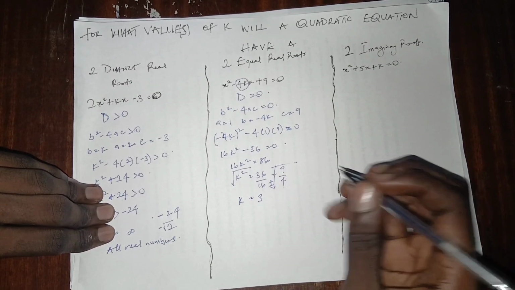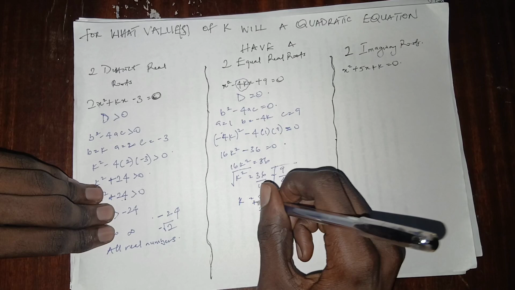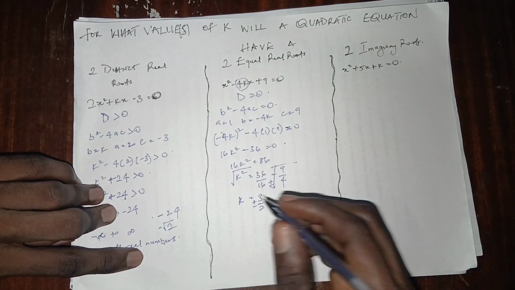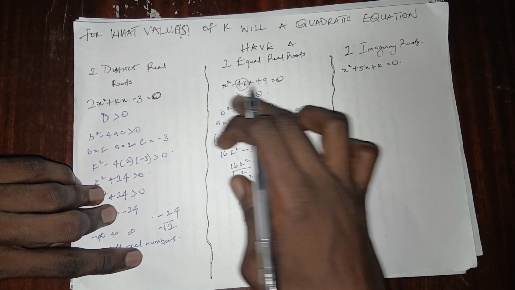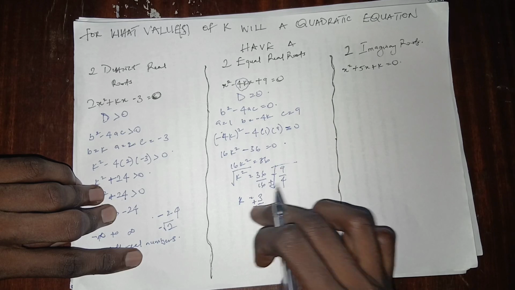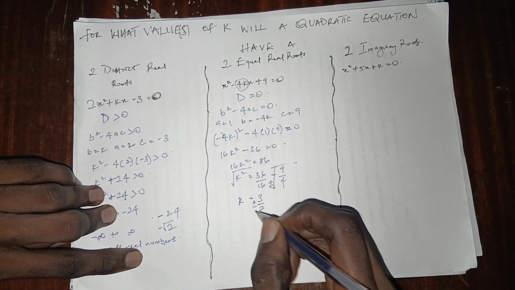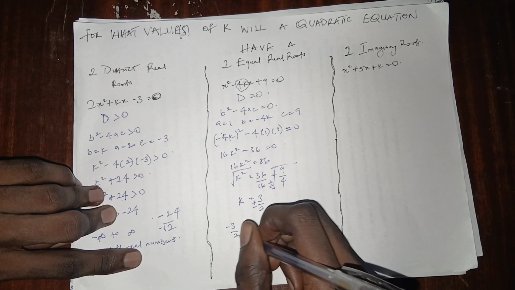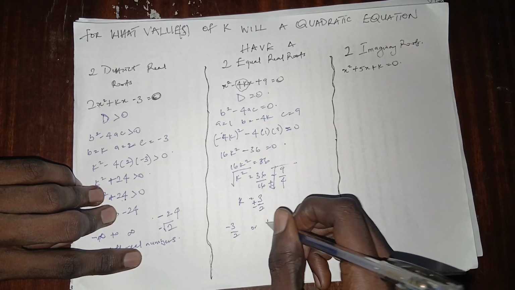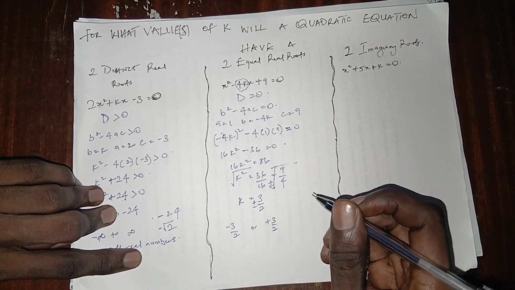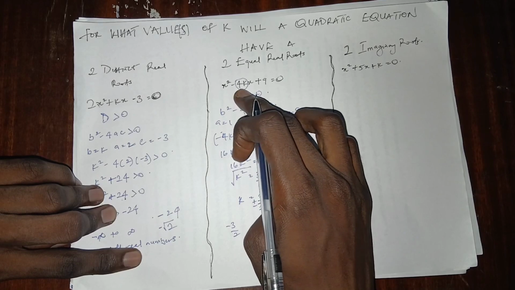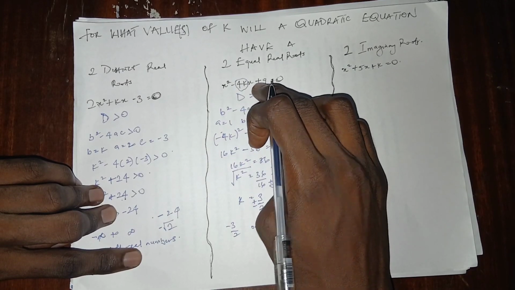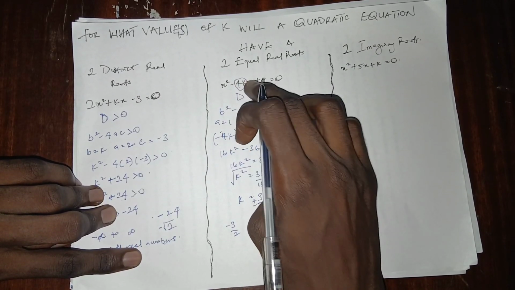Note this plus or minus here. So for this particular equation, k has to be either minus 3 over 2 or plus 3 over 2. In substituting it back, you multiply it with minus 4 to get the value of x.